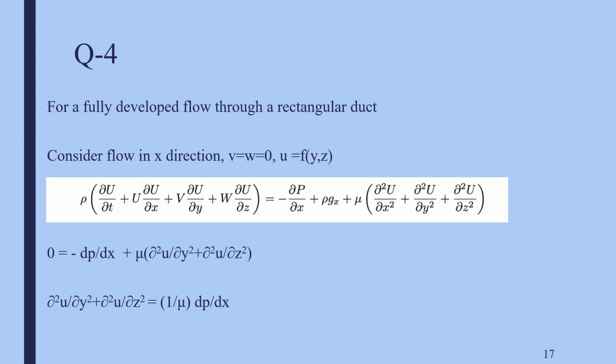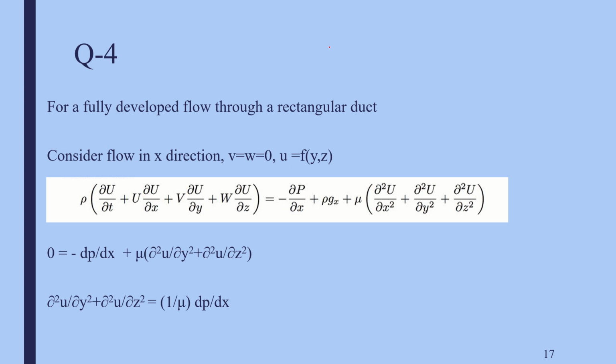So for fully developed flow through a rectangular duct, we need to start from the scratch equation. Whatever the problem is, we need to start from this initial equation. Here it is the momentum conservation equation in the x direction.